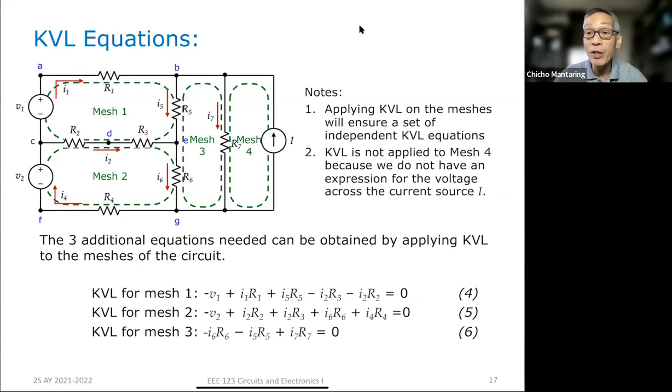Because the third equation can be derived from the first and the second equation. They are not independent. That's why if you want a set of independent KVL equations, para sigurado, you just apply it to the meshes. Apply nyo sa meshes. No? Because if you choose just an arbitrary set of loops, you might encounter the problem na hindi pala independent yung equation na yun. So I hope you understand what I'm trying to say.